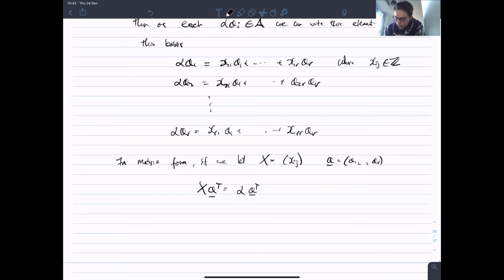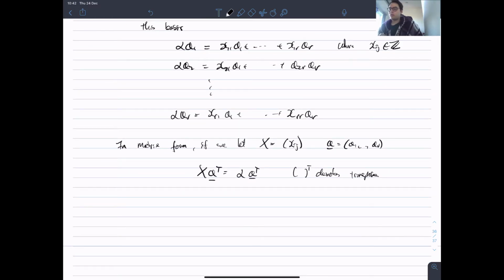This is me turning it into a matrix equation. Here T denotes transpose, as usual. Therefore, if you think about it, alpha is an eigenvalue of this matrix X. This is what this is saying.